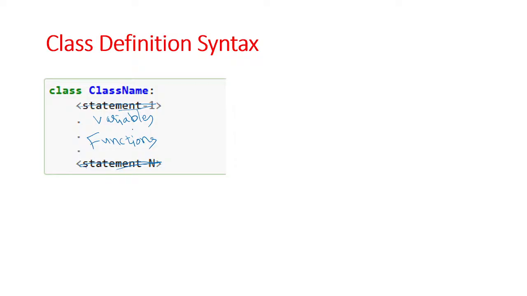Okay, so let us define a simple class in Python. We'll start writing a class in Python. So how can we define a class? Say for example, we want to define a class called student. It should start with the keyword class, followed by the class name.